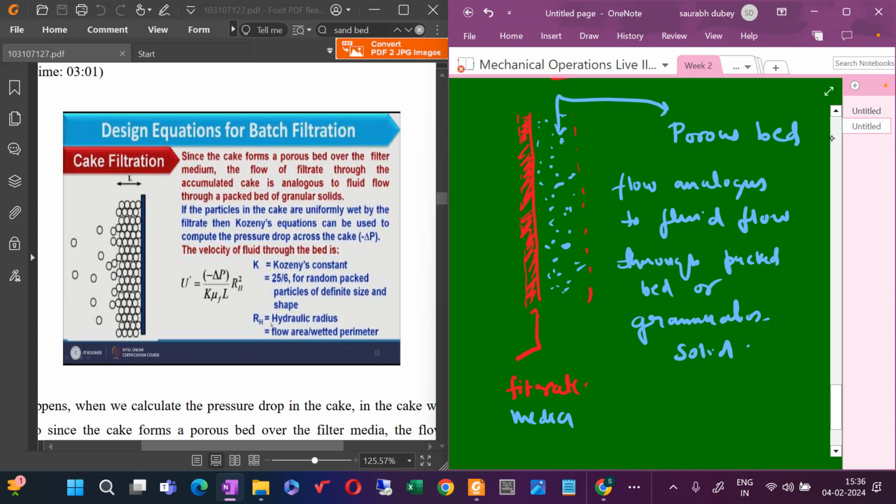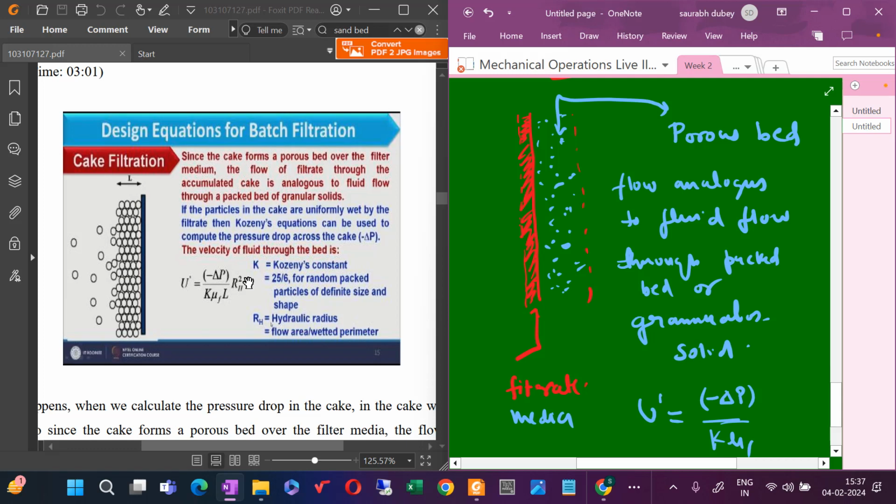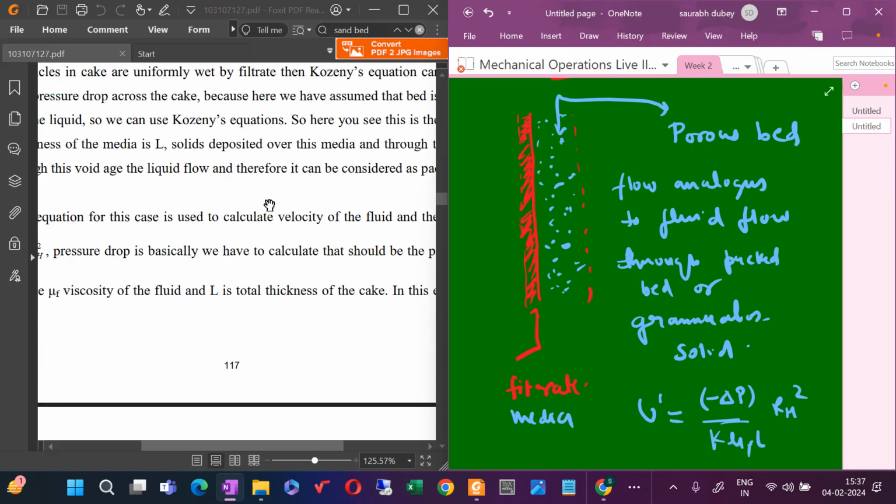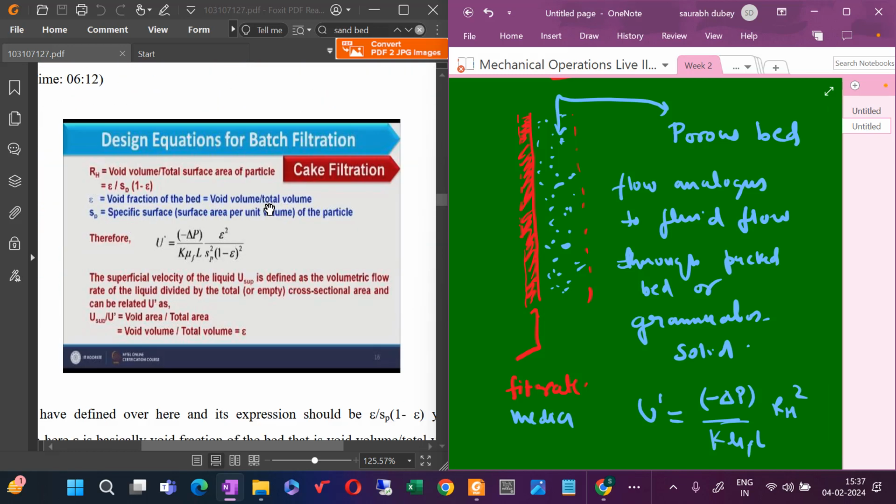So if the particles in the cake are uniformly wetted by the filtrate, then the Kozeny equation can be used to compute the pressure drop, and hence using the Kozeny equation, the pressure drop has been calculated, which says U dash, which is the superficial velocity, which is the velocity of the fluid through the bed, U dash, this will be equal to the overall pressure drop in the cake plus K mu FL RH square, and RH is the hydrodynamic radius that will be calculated through different.